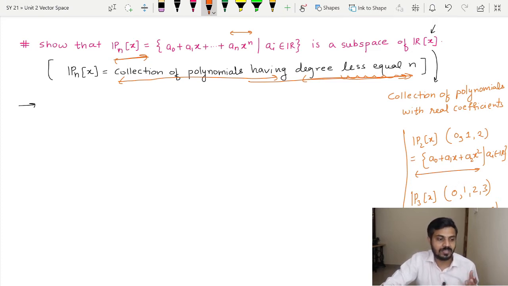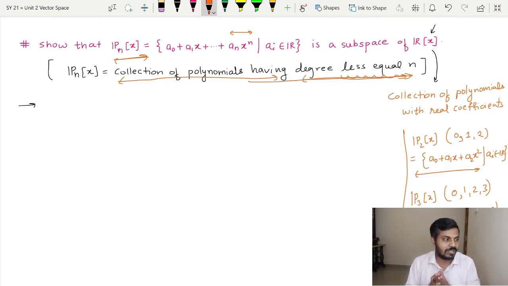Because P3 of x contains polynomials of degree 0, 1, 2 and 3, and P2 of x contains polynomials of degree 0, 1 and 2. So every polynomial of P2 will be there in P3. No issue at all, but the converse is not true. Every polynomial of P3 may not be in P2, for example x cube. So I hope now you got the meaning of what is Pn of x.